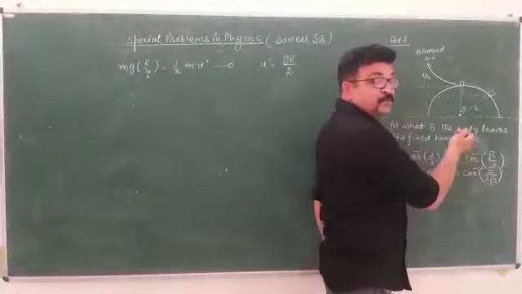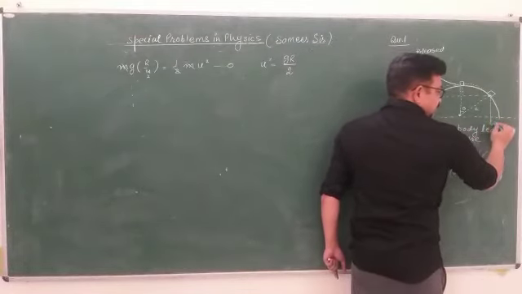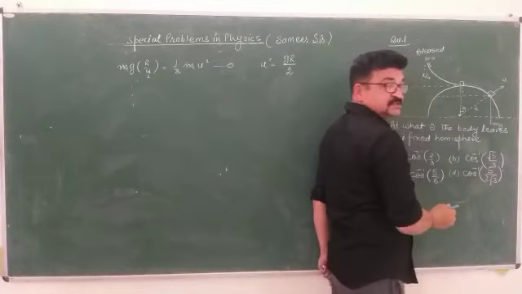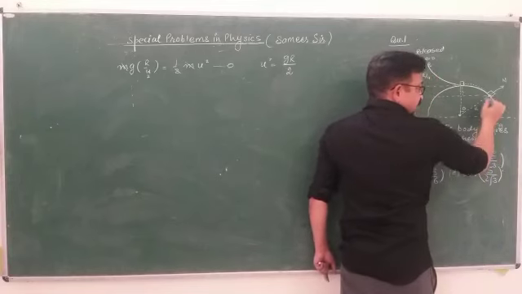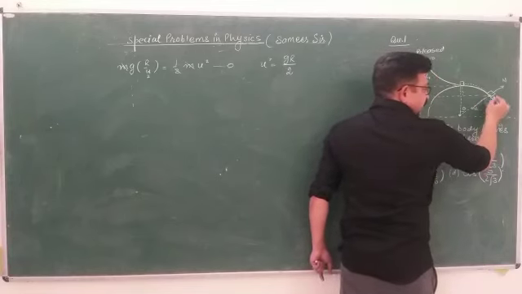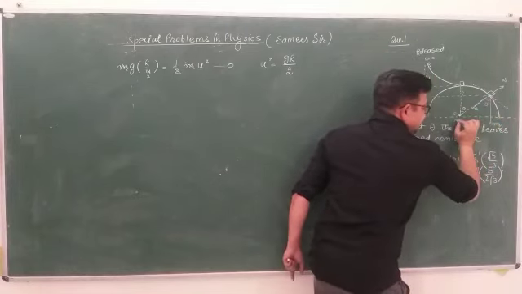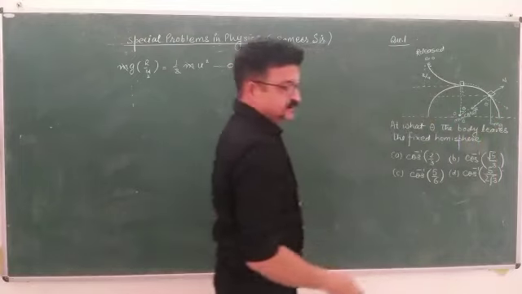Let us make the free body diagram at this position. You know it very well. This is mg, and this is the contact force. Mathematically, I will resolve it, and the component which is directed towards the center of the sphere is mg cos theta.